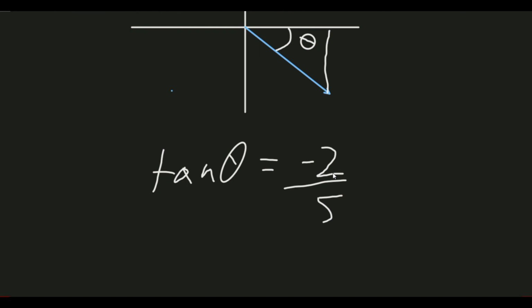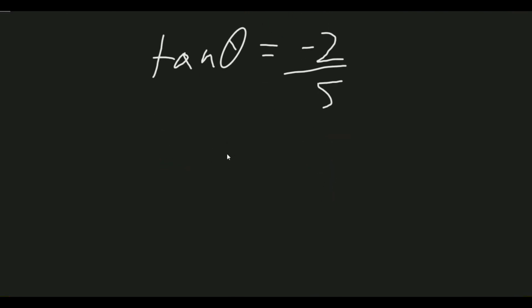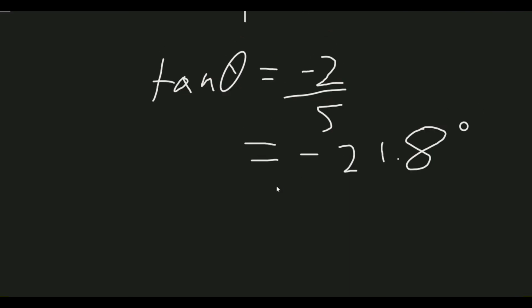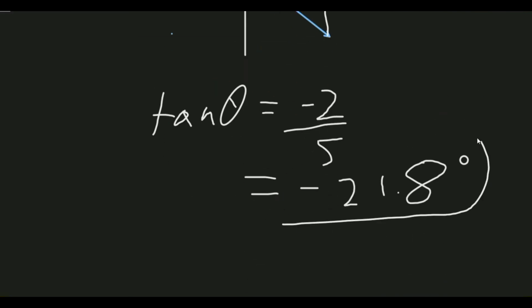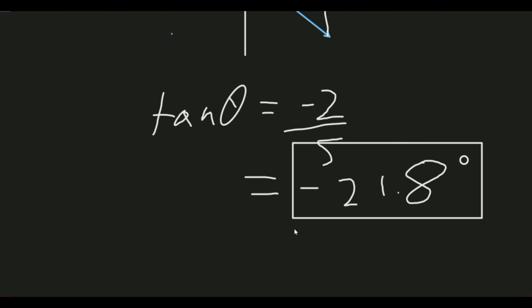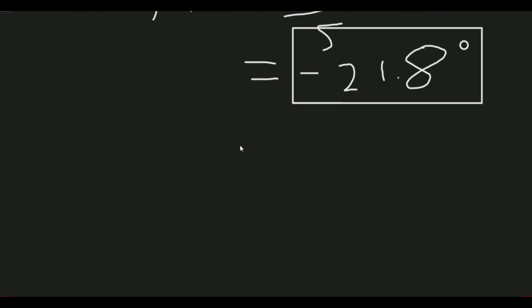So if we do this calculation, what do we find? We find an answer of minus 21.8 degree. However, if you are writing the answer for the direction, you can write this, it's accurate, it's not wrong, but I recommend you write 21.8 degree below horizontal.